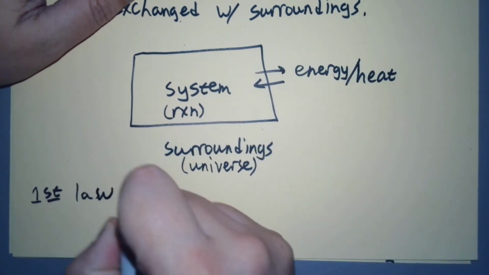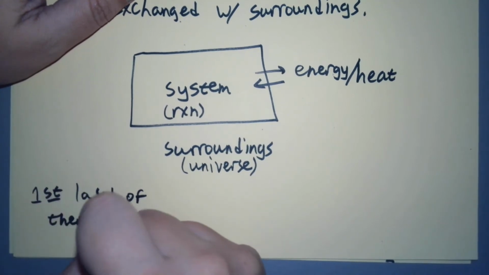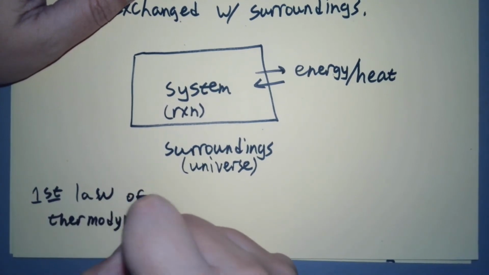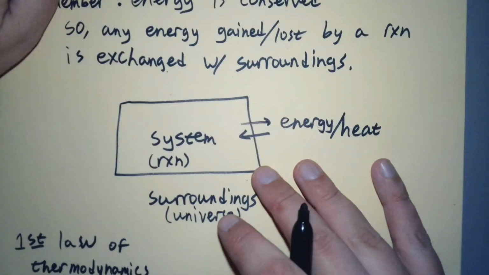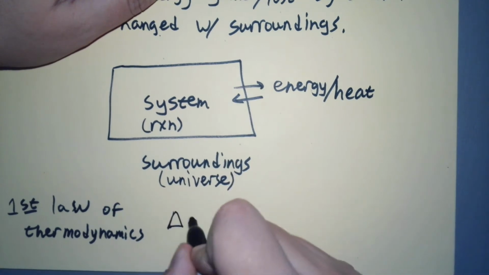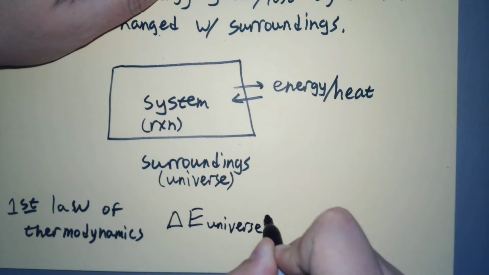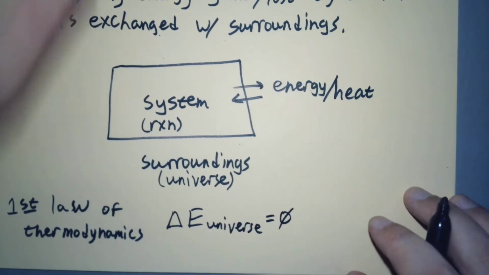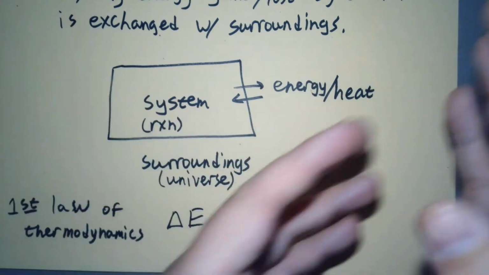The first law of thermodynamics, again, is just that energy is conserved. But we just dress it up fancy mathematically. We just say, okay, well, the change in energy of the universe is 0. The total amount of energy is constant. We just put it in different places. We just move it around.